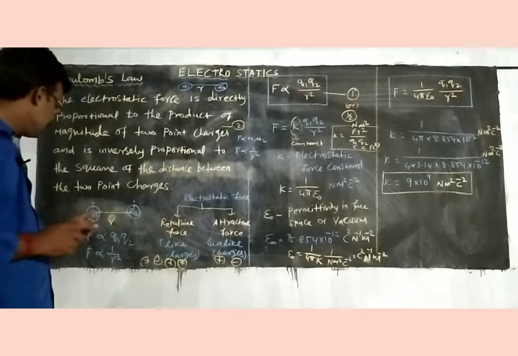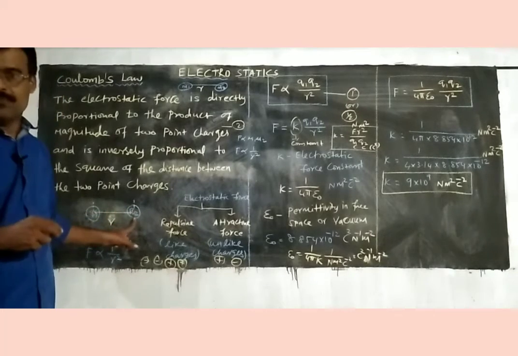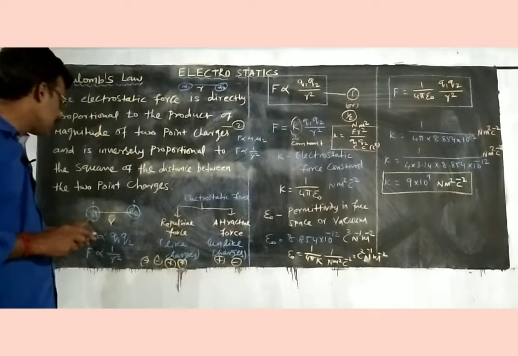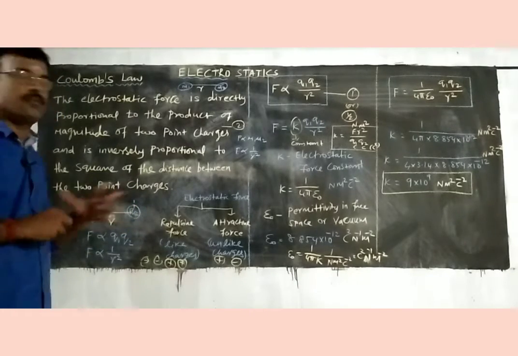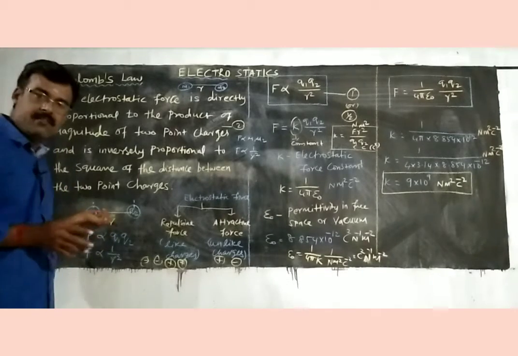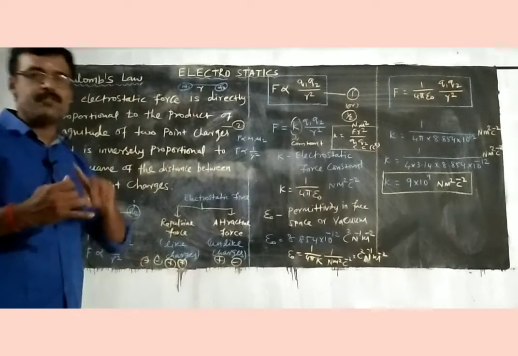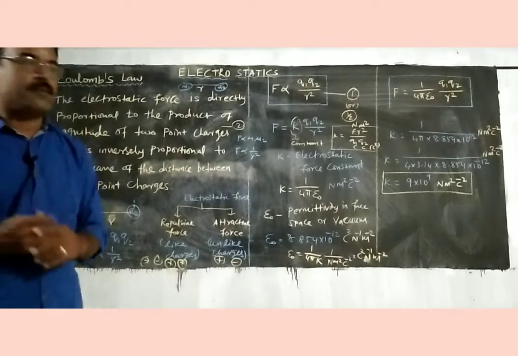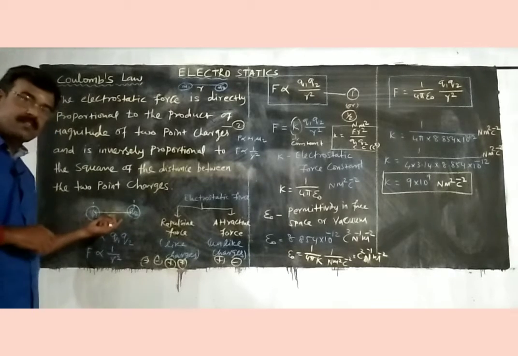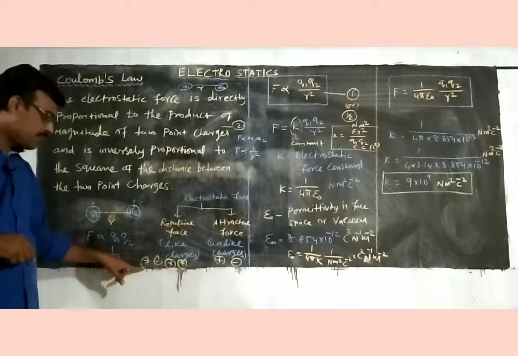So what happens? Due to Q1, a force is exerted on Q2. In the same way, there is a force acting on Q1 due to Q2. Here we can see there is a force of attraction or repulsion. There are two forces, an attractive force and a repulsive force. It depends upon the charges, whether both charges are similar, that is, both positive or both negative.